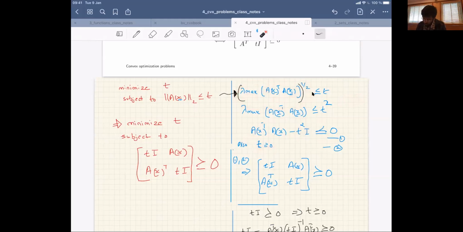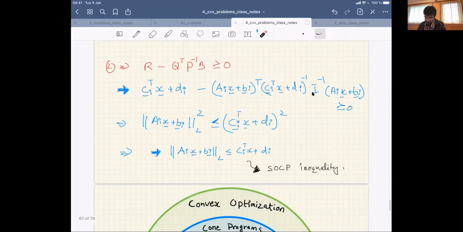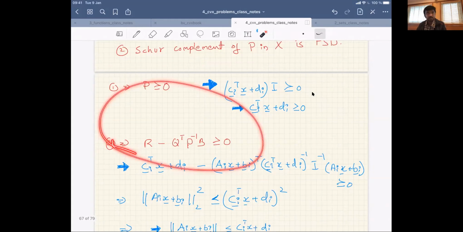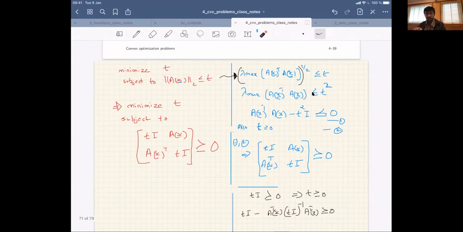Then what I'm going to do is combine these two and write this as tI, constructing a bigger matrix. Why is this true? This is PSD only if, again, our argument regarding the Schur complement holds. We'll bring that here. Even if you have some doubt, I'm going a little fast, but you can just read that and link it.